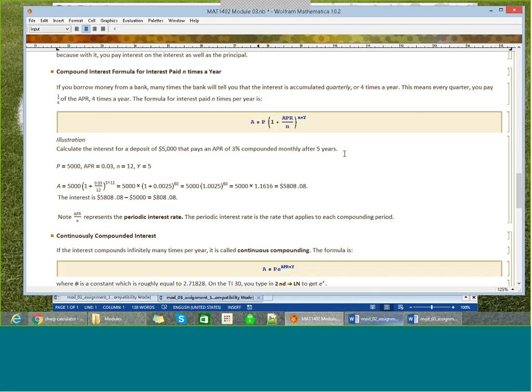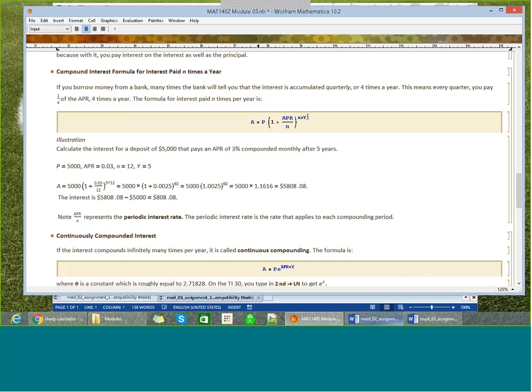N is the number of times the interest is compounded within the year. So if it's 12 times a year, N will be 12. If it's quarterly, it's going to be 4 down here. If it's daily, it's going to be 365 down here. And then raise it to n times y. So whatever the n is, 12 or 365, multiply that by the number of years that you have.